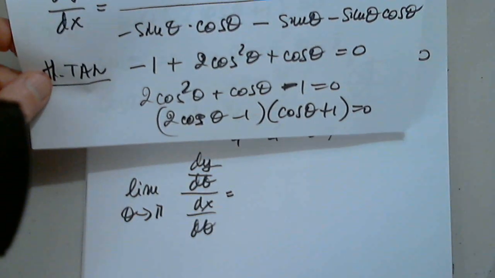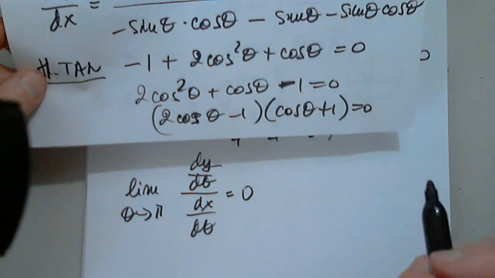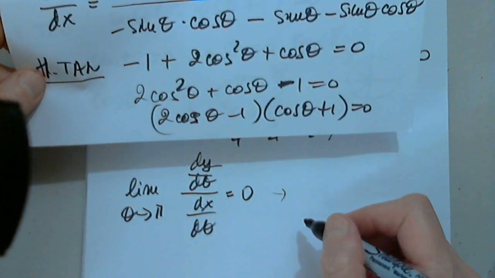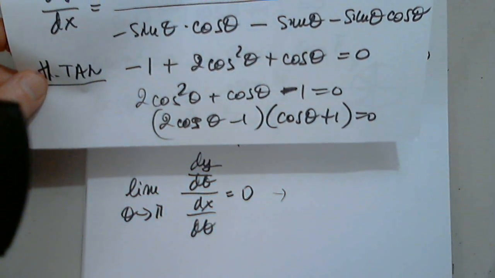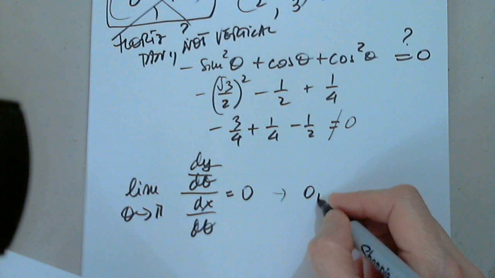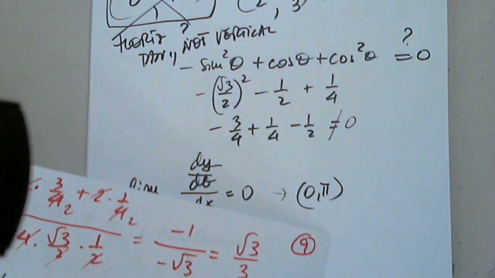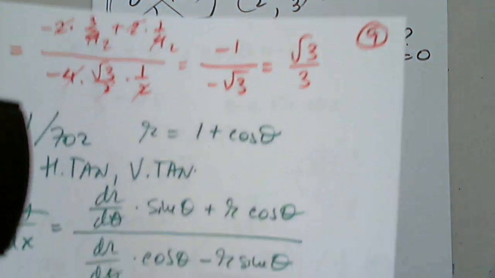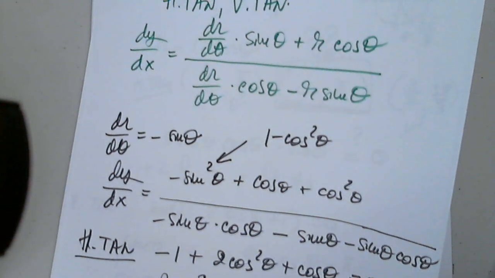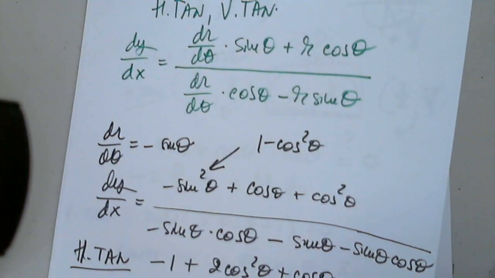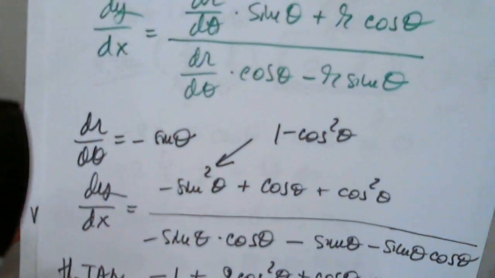So we see that this is indeed 0. So that's what makes this point 0 comma pi a point where the tangent line is horizontal.